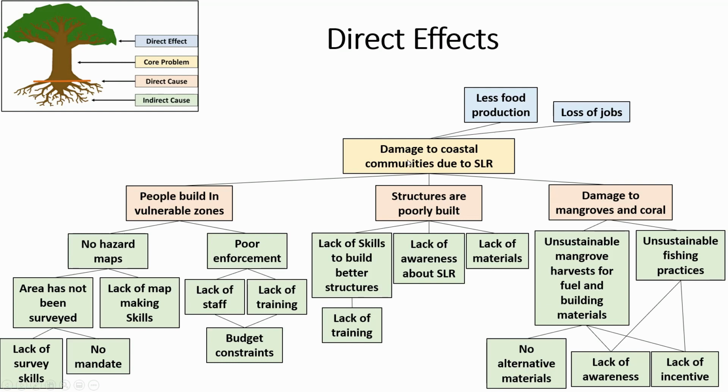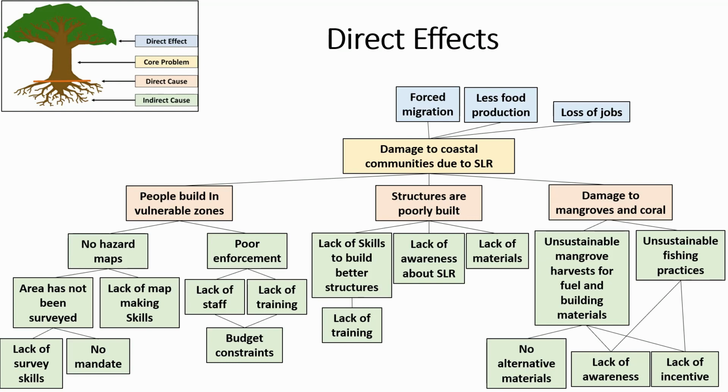What else will damage to coastal communities do? Well, maybe forced migration. As a community becomes less livable, as it's harder to live there, that may drive people to move away from that community, and they may migrate to the capital of Keytopia. We see that happening in many small island developing states, where people are moving from coastal settlements or from outlying islands that are having problems with sea level rise and coastal inundation.